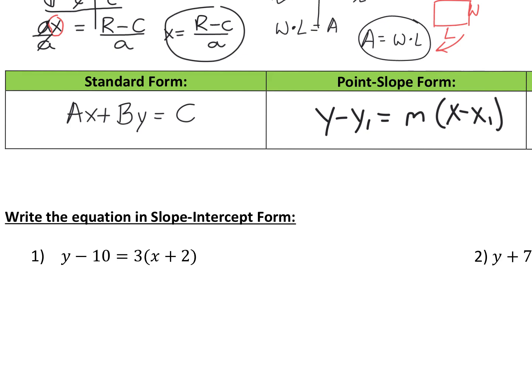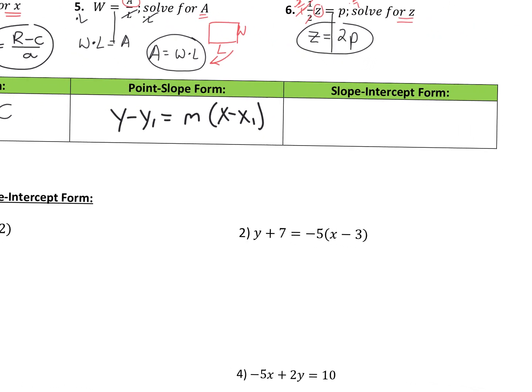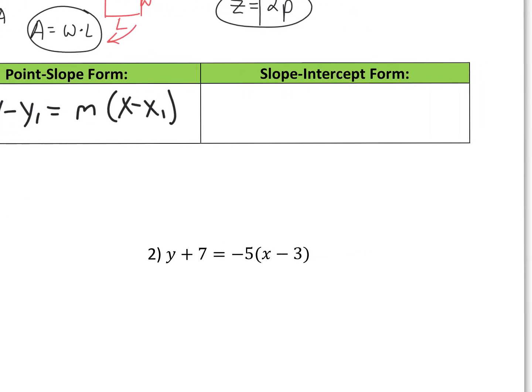And that's what that was, point slope form. So let's look at the last form, which was actually the first form we learned, which was slope intercept form. If you recall, this one had a slope, which was M, and a y-intercept, which was B, in the form of y equals mx plus b.